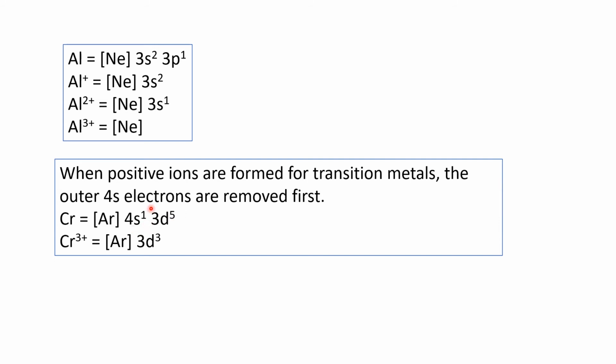First one electron would be removed from the 4s orbital, and the rest of the 2 electrons would be removed from the 3d orbital. So we would be left with argon 3d3. We need to keep this in mind, that for the transition metals, the ions are formed by removing the 4s electrons first, and then the 3d electrons are removed.